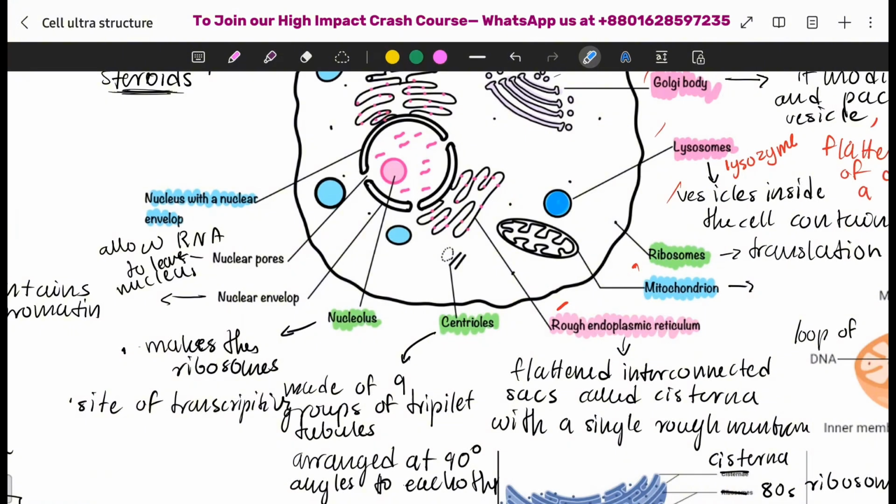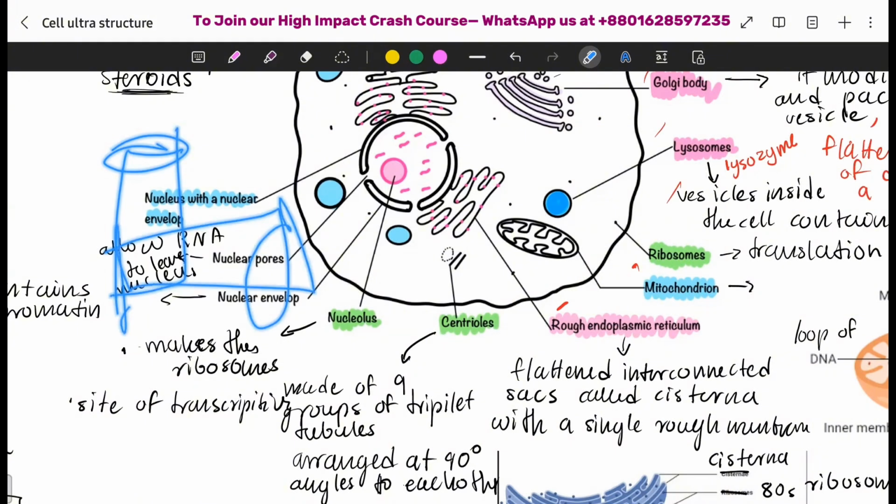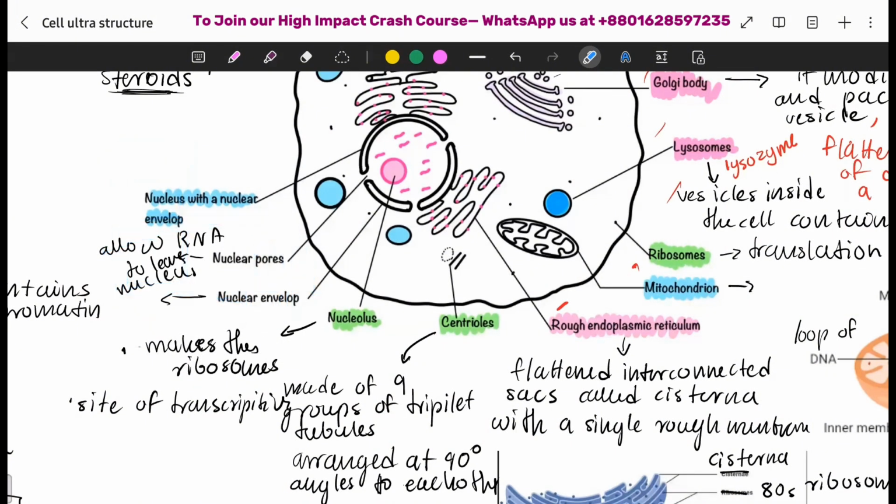It will have 9 triplets of microtubules, and they'll be arranged at 90 degrees, at right angles. If I say this is a microtubule, the other one will be arranged here. So 2 microtubules arranged at 90 degrees to each other. That's for the centriole. The centriole will be made of 9 triplets of microtubules.